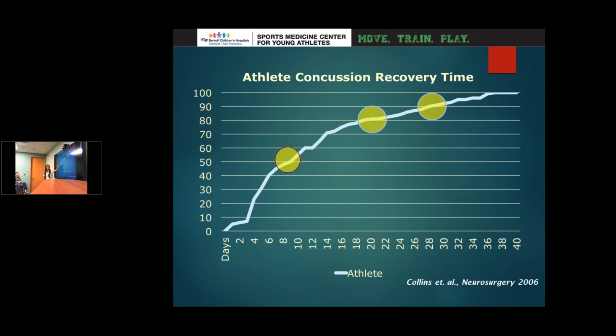By a week, 50% were better in terms of their neurocognitive functioning. By 3 weeks, 80% were better, and 90% were better by 4 weeks. Okay? What is this really showing us? The positive, people get better. The negative, sometimes it takes people a long time. Okay? Keep that in mind.